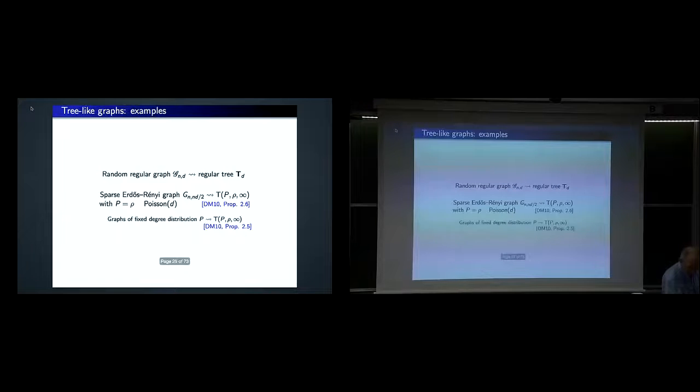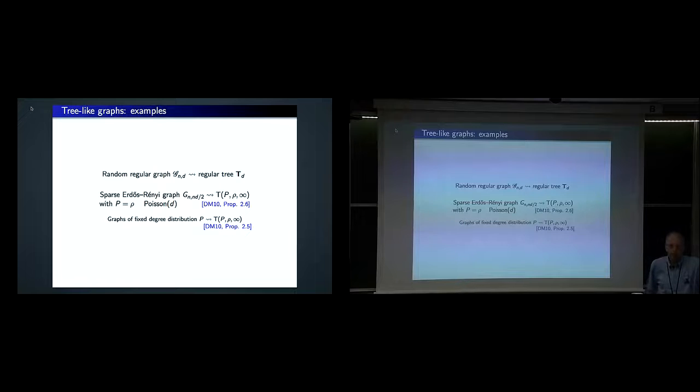Okay, so some examples. We went over these three examples. The random regular graph goes to a regular tree. The Erdos-Renyi graph will go to a Poisson tree, a Galton-Watson tree with Poisson degree distribution, and a more general graph with fixed degree distribution will also go to a tree if it's uniformly constructed. So the degree comes according to a certain rule.